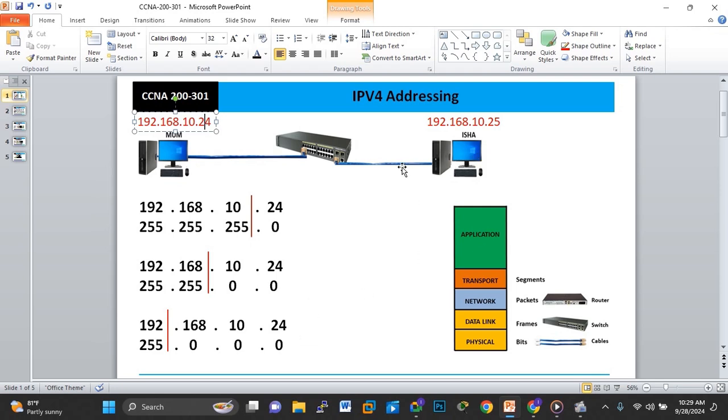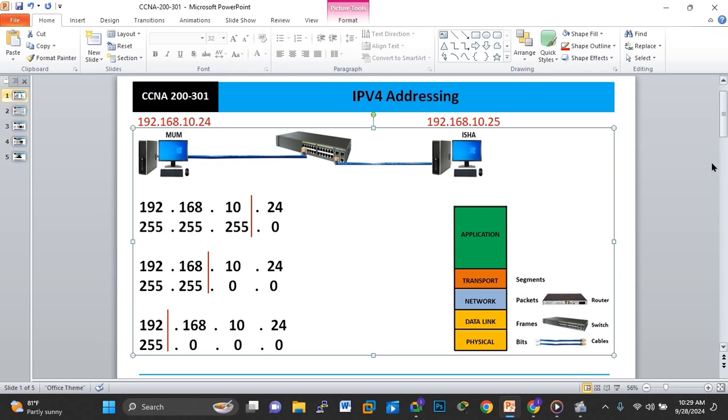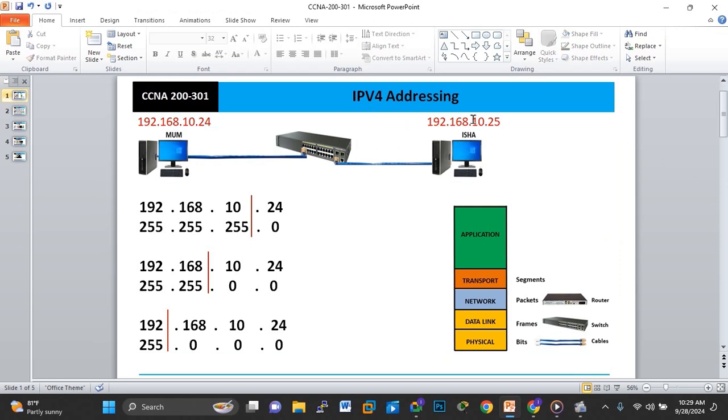It's unique within a network. No other PC will have this IP address, unless it is released from the DHCP or assigned to another PC, but only this PC will have it. It is unique within the network.